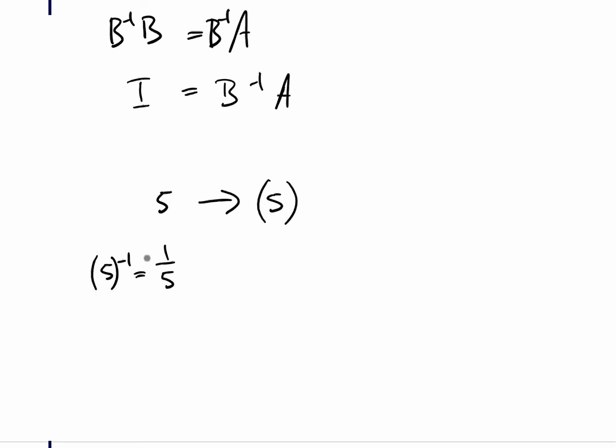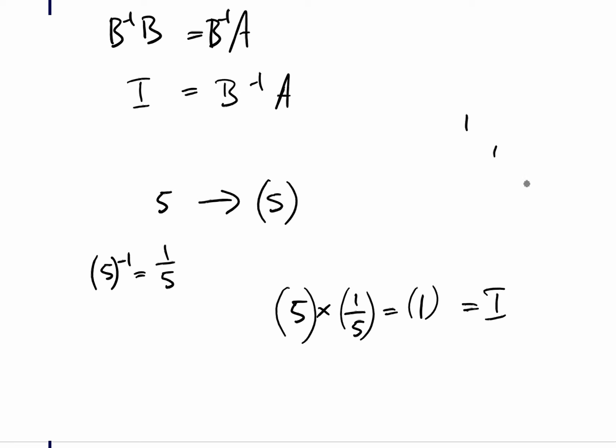The inverse matrix of 5 is 1/5. Okay, and what's 5 multiplied by 1/5? Well, it's 1, isn't it? And 1, if you like, is your 1 by 1 identity matrix. Because of course, in an identity matrix the leading diagonal is all 1, and all the other elements are 0.